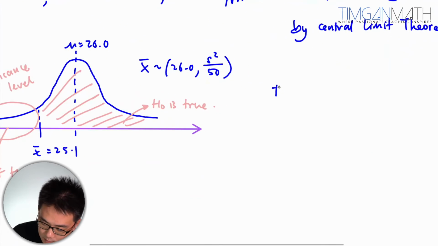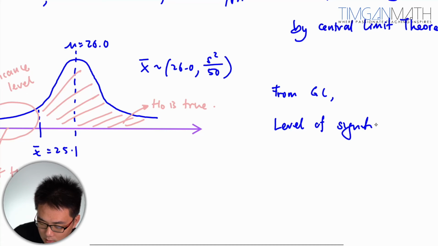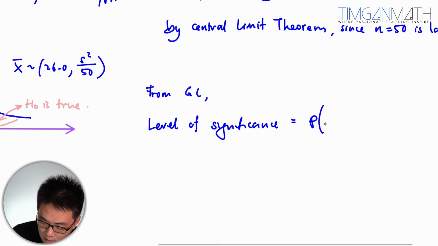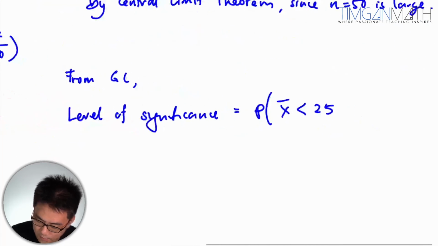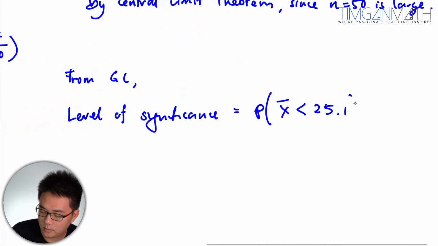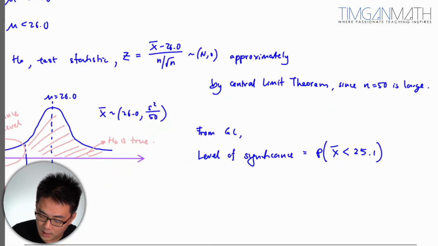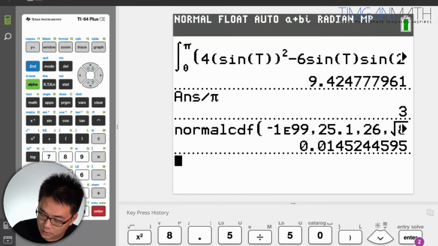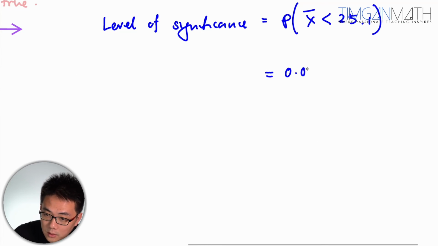From GC, the level of significance is equals to P(x bar less than 25.1), which is 0.01454.